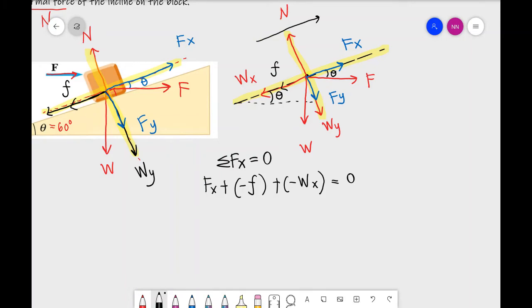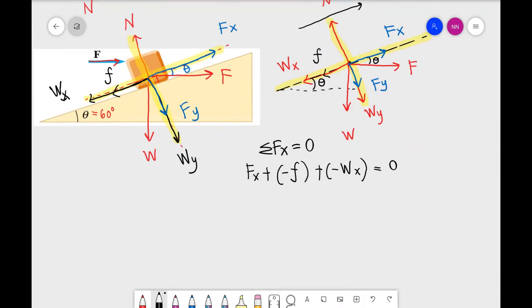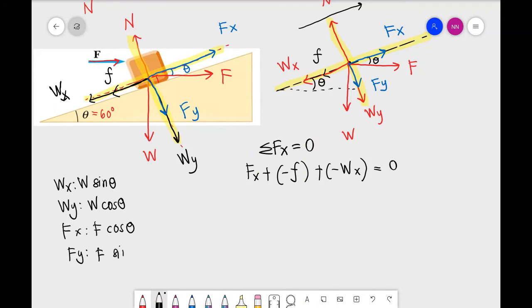As you can see here, Wx relates to theta: Wx is W sin theta and Wy is W cos theta. For F, Fx is F cos theta and Fy is F sin theta.